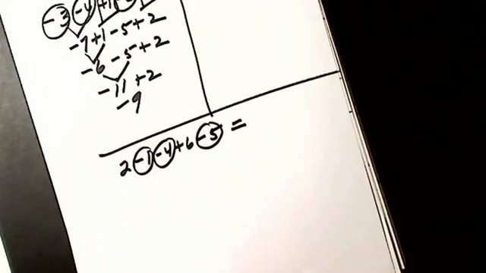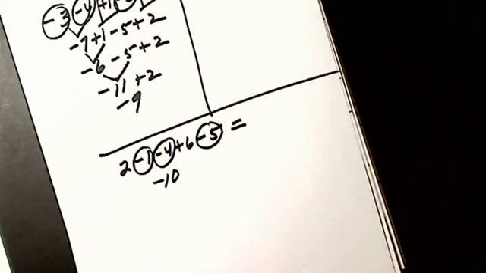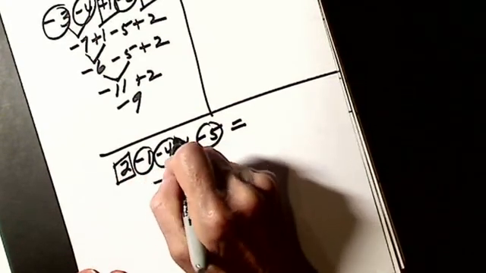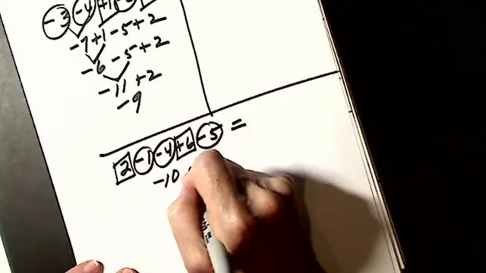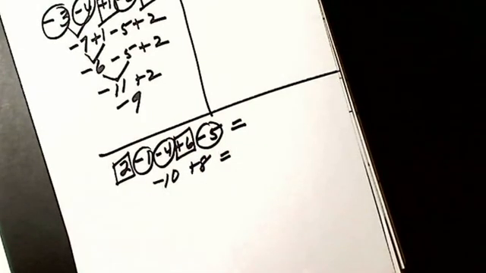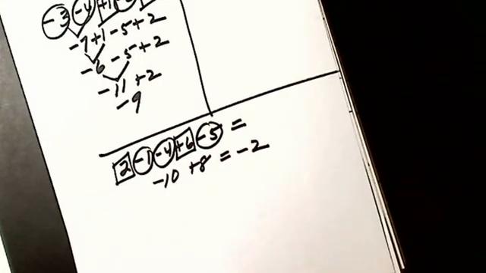So I'm going to add my negatives. 5 and 4 is 9 and 1. I have 10 of these negatives. I'm going to combine my 2 and my 6. So now I'm going to get 8 of these positives. Now my signs are different. I'm going to subtract, take the sign of the larger.